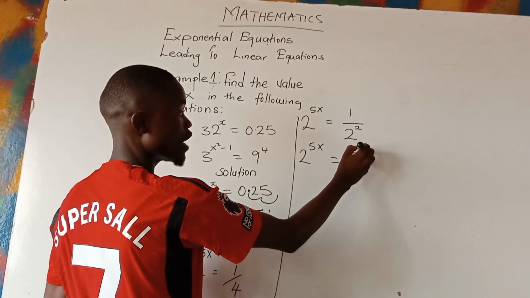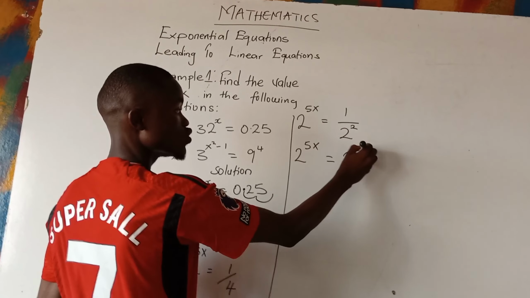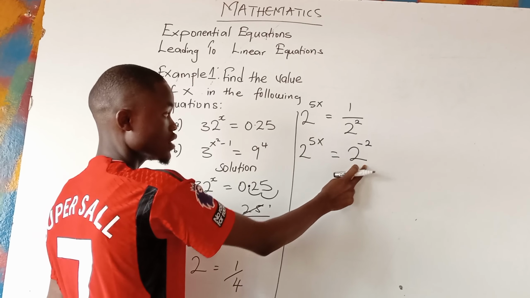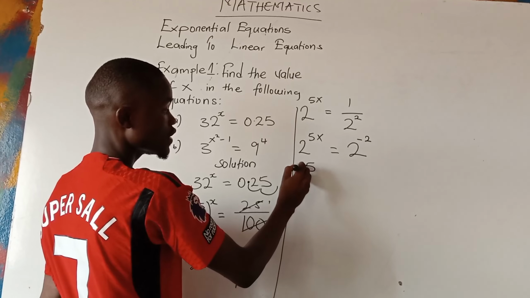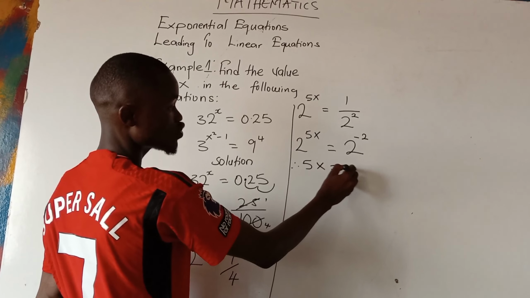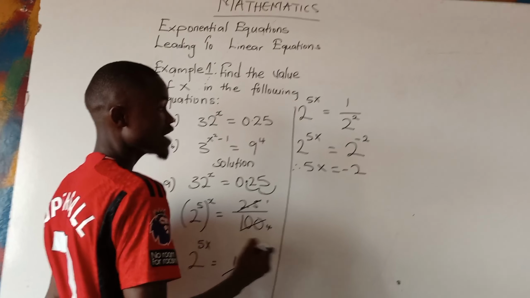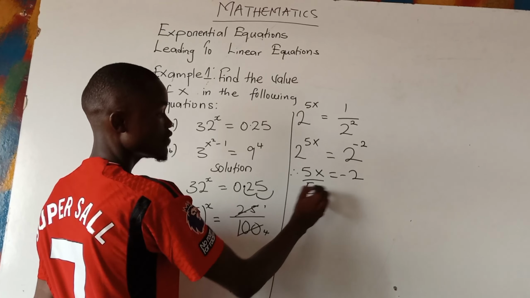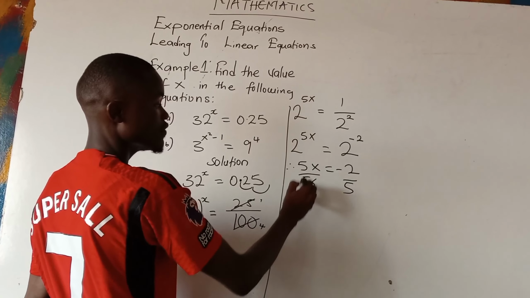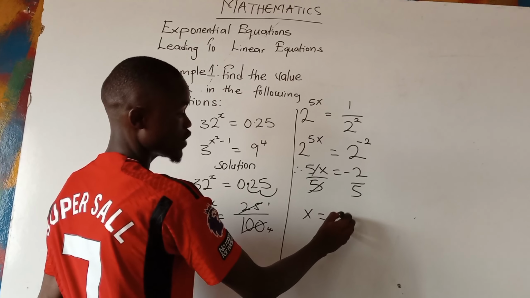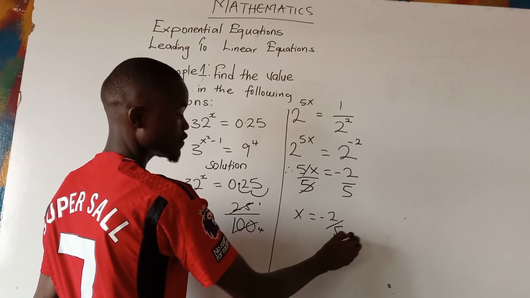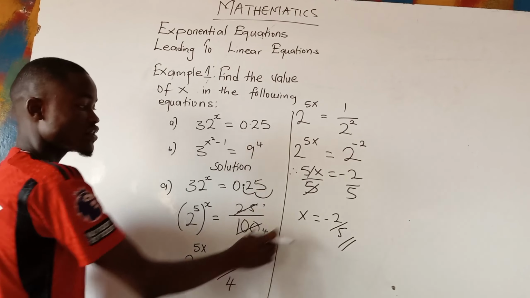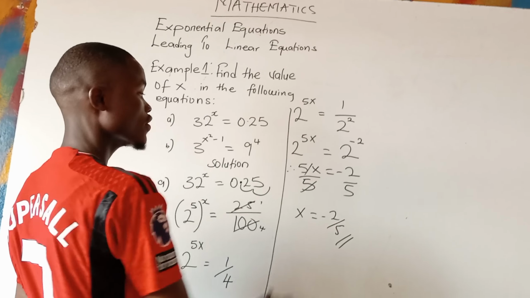You say 2 raised to the power minus 2. So the bases are the same now. Therefore, you say 5x equals minus 2. We are asked to find the value of x. You divide both sides by 5. So x equals minus 2 upon 5. So this is the answer for A. x equals minus 2 upon 5.